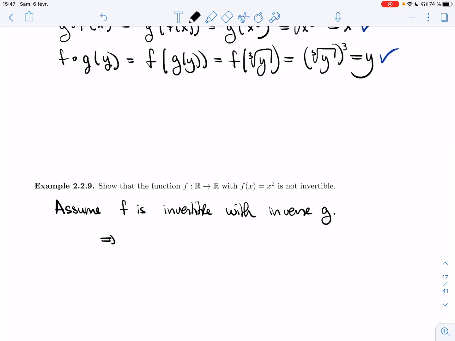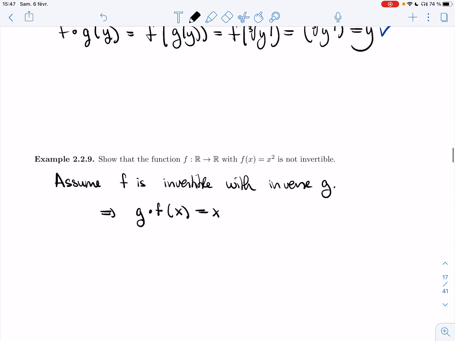That means g composed with f of any x is equal to x. Right, so let's check what happens if x is equal to -2. Right, so this is g of f of -2.